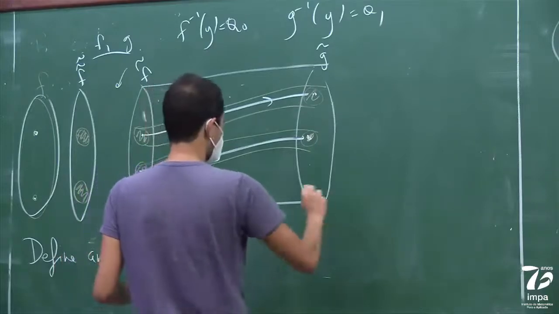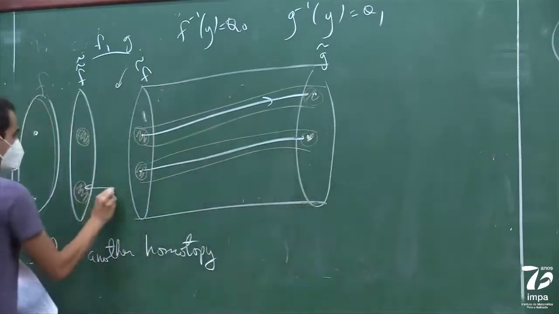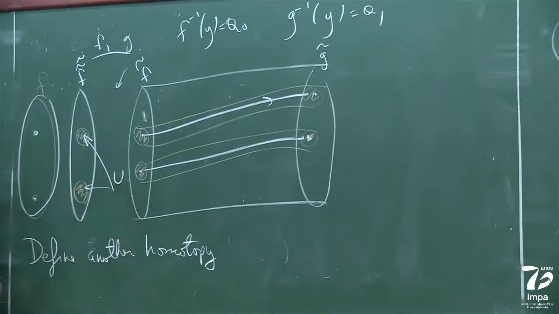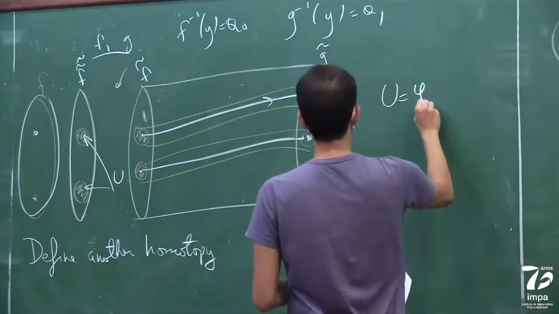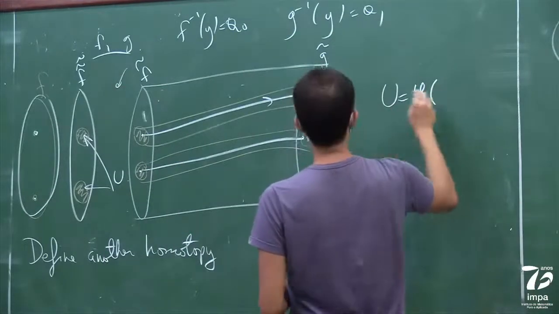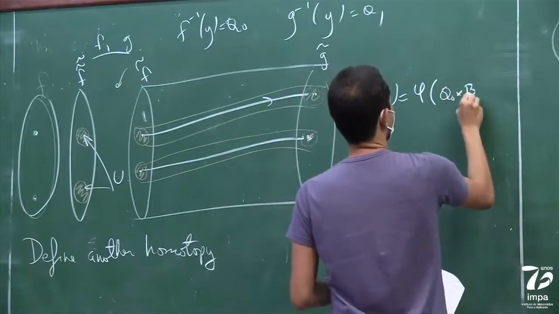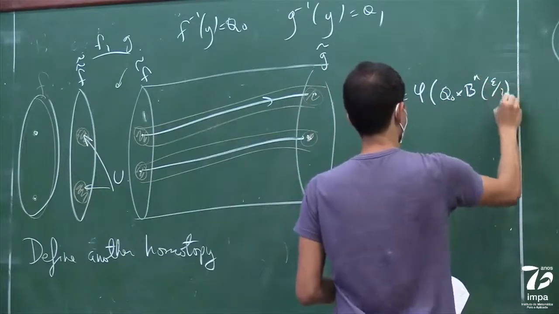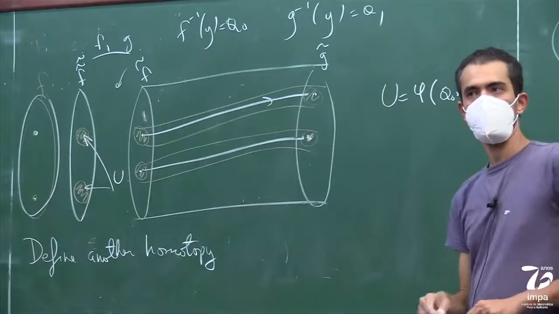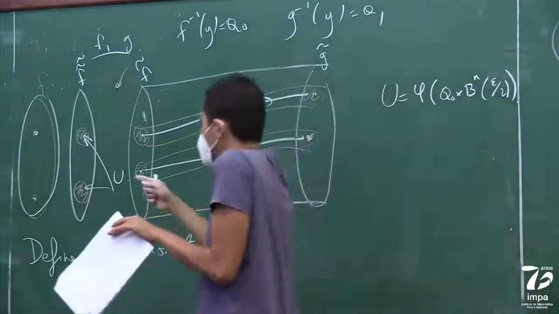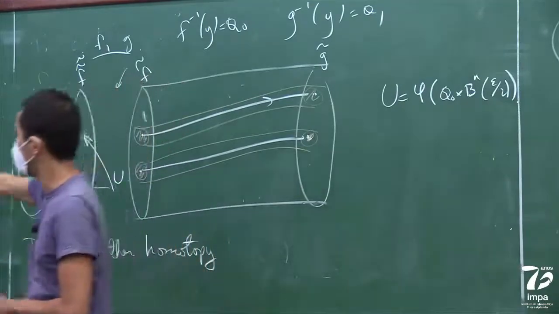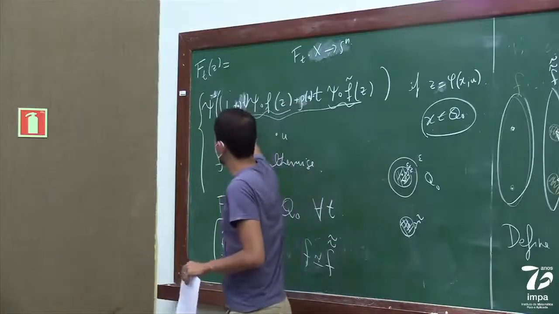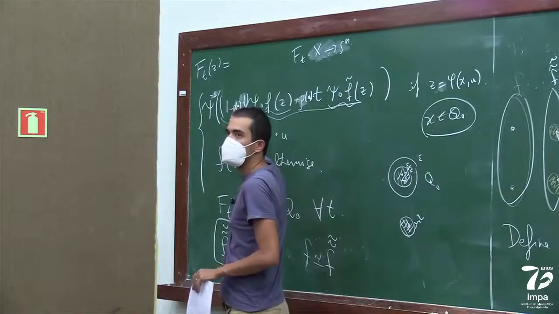Let's say that this neighborhood here is U. So my U is phi of Q0 times this ball of radius epsilon over 2, this little neighborhood where I know this F double tilde is equal to F tilde, where rho is equal to 1.